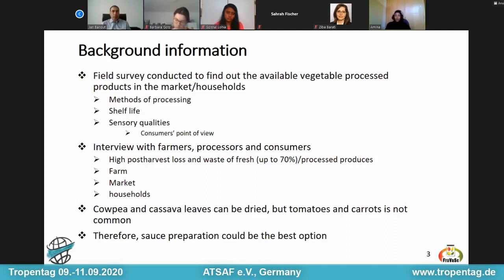So from the suggestions of consumers, processors, and farmers, they suggested that making sauce could be the best option, as in African tradition, women are mostly involved in food preparation, but nowadays they are also engaging in other economic activities.